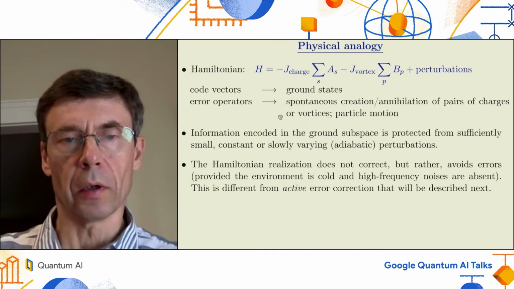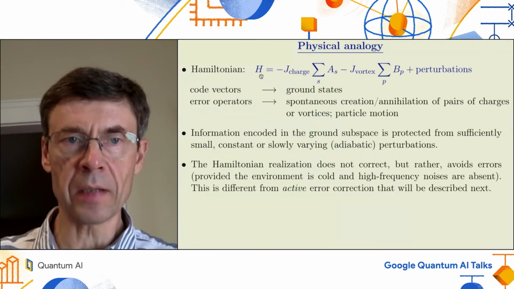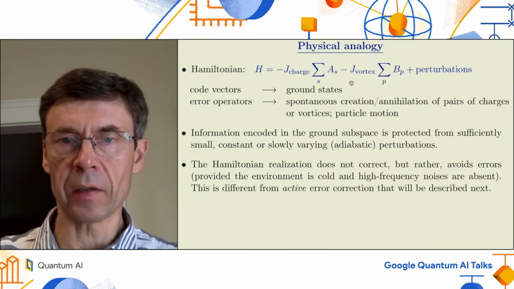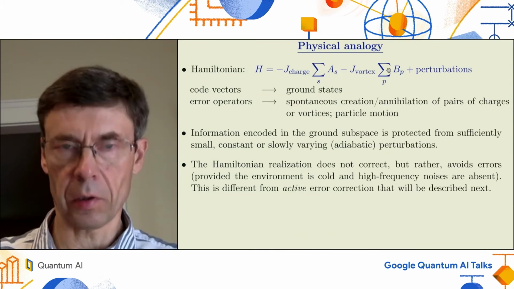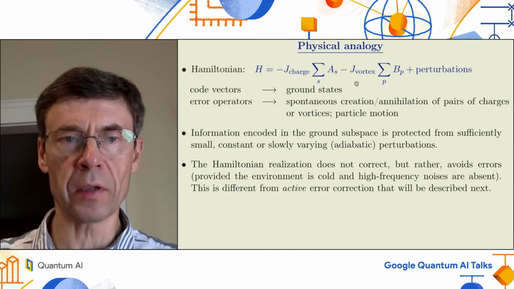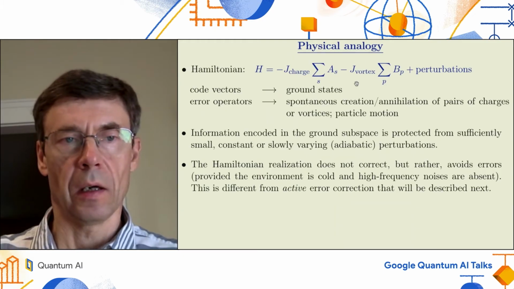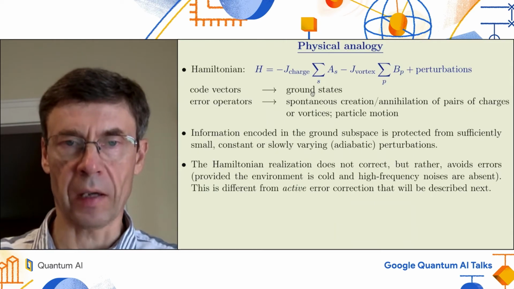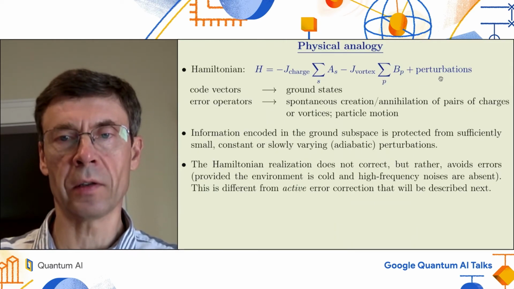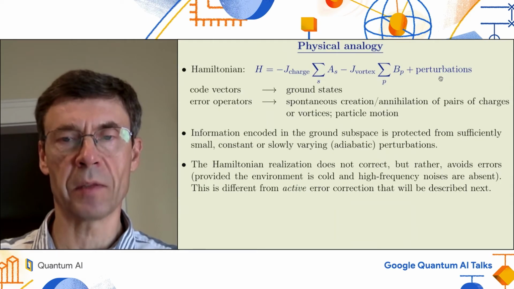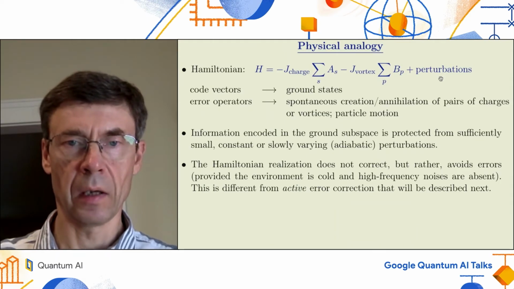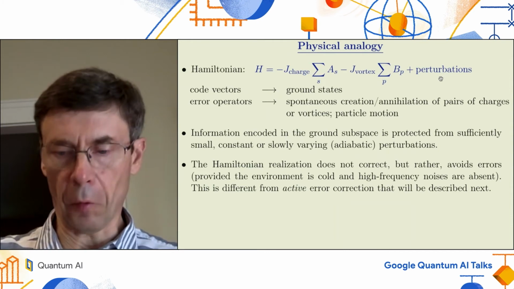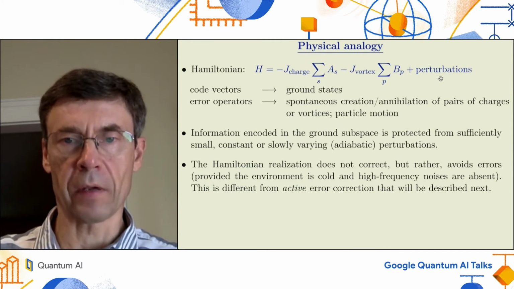The toric code can also be realized as a Hamiltonian, where we have stabilizer operators as terms and qubits as spins on a lattice, and code vectors are associated with ground states. So quantum information is encoded in the ground subspace of this Hamiltonian. However, this realization is different from the toric code I described previously.